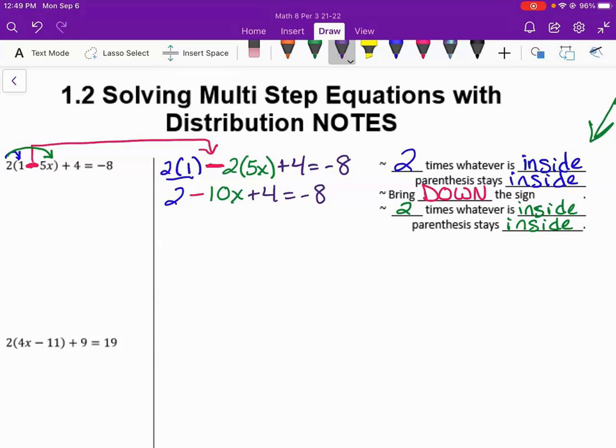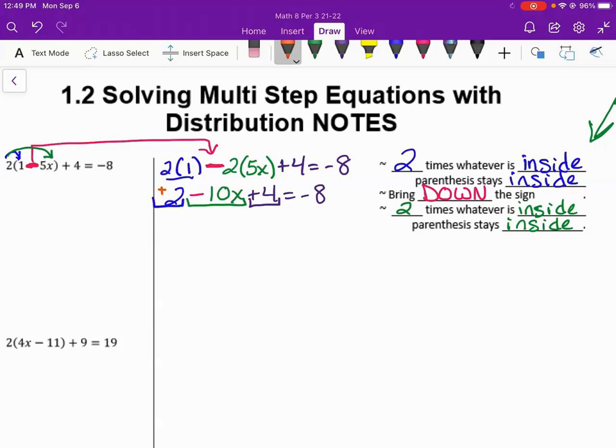Now remember, whatever is in front is the sign that stays with it, with each term. So this guy doesn't have a sign, this guy has a sign, and this guy has a sign. Now I said that first guy doesn't have a sign, but he really does have a sign. What's his sign? Good, you said positive. I knew you did. Okay, plus sign.